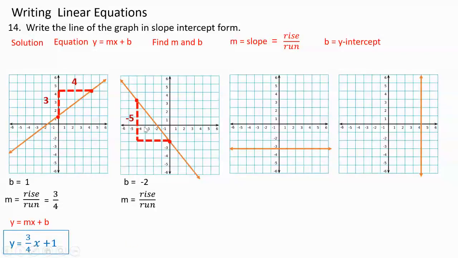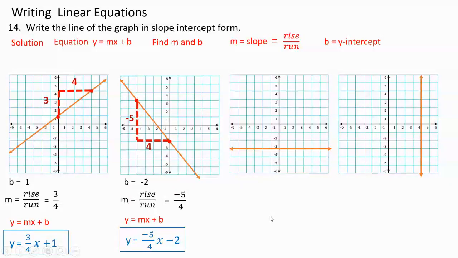So it's -5 and 4 to the right, so my slope is -5/4, and my b is -2. I already have the m and the b, so I can plug them into the slope-intercept form. There's my m, which is -5/4, and there's my b, negative 2. So this is the equation of the line for this given graph.